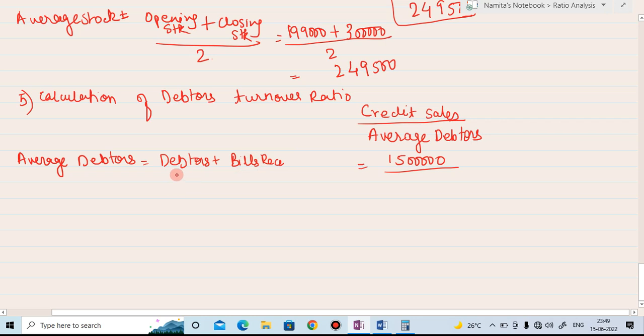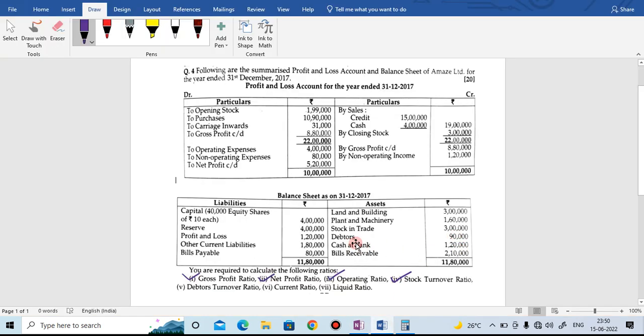Bills receivable. So debtors is 90,000, plus bills receivable was 2 lakh 10,000. Debtors is 90,000, bills receivable is 2,10,000.